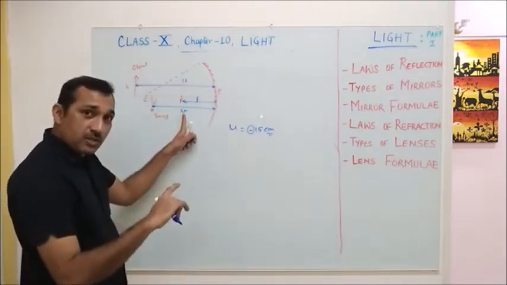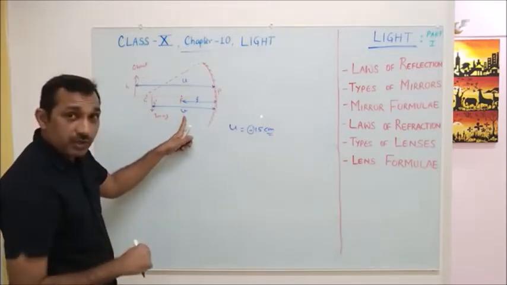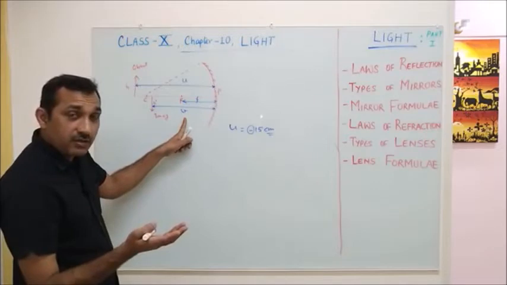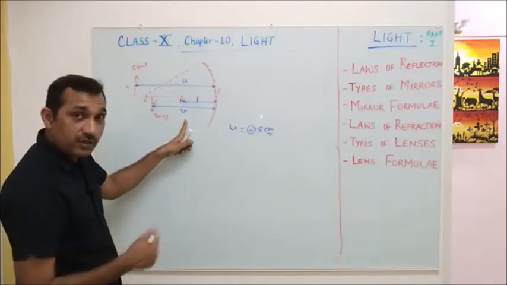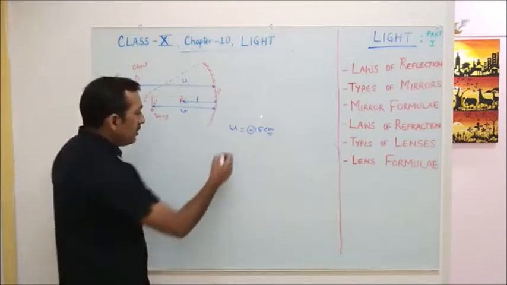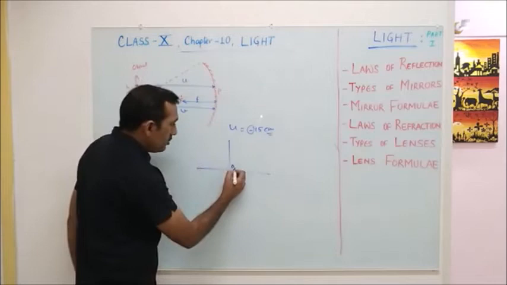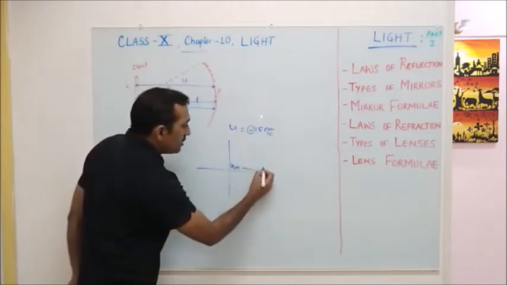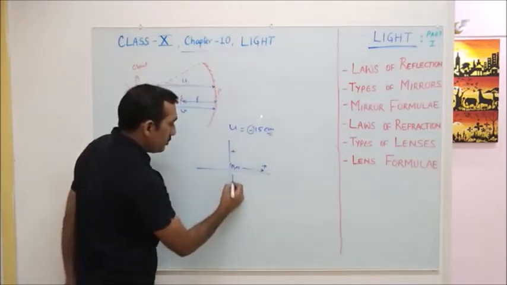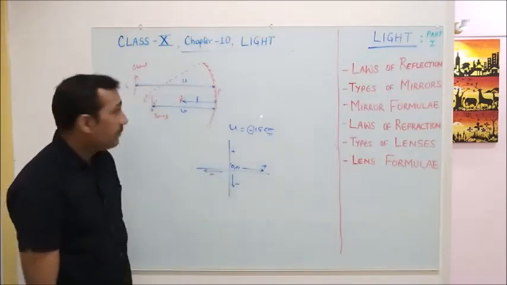v can be plus or minus depending upon the reference point, whether it is the left side of the reference or the right side of the reference. Now before I go to that, let me revise the basics. This is the graph. If this is the origin 0, 0, this side is positive, this side is positive, this side is negative and this side is also negative, right?